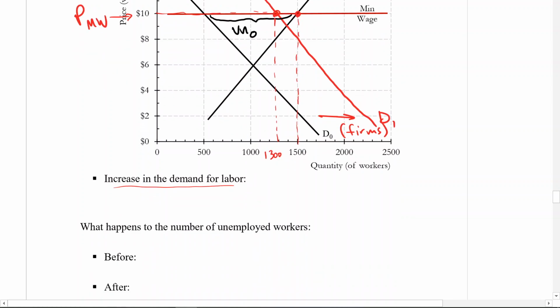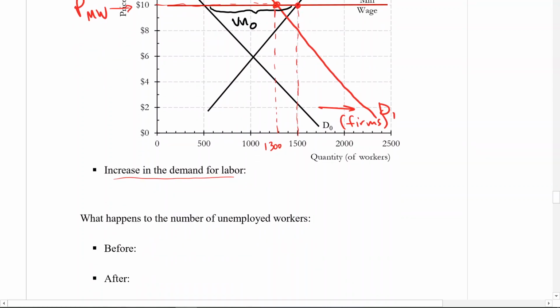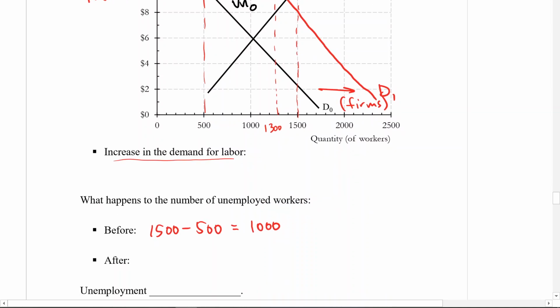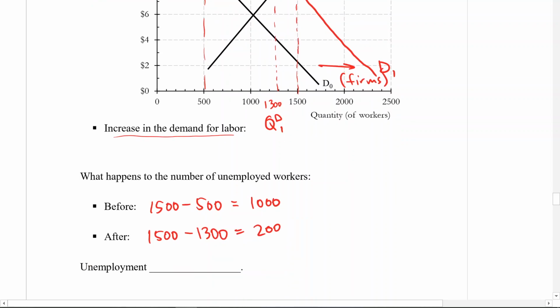And so what happens to the number of unemployed workers? Before, we started over here at 500. So we had 1,500 minus 500 for a total of 1,000 unemployed workers. Now our new quantity demanded is 1,300, so 1,500 minus 1,300 for a total of 200 unemployed. An increase in the demand for labor, things are doing well, economy is doing well, that's going to cause unemployment to decrease. So unemployment decreases.